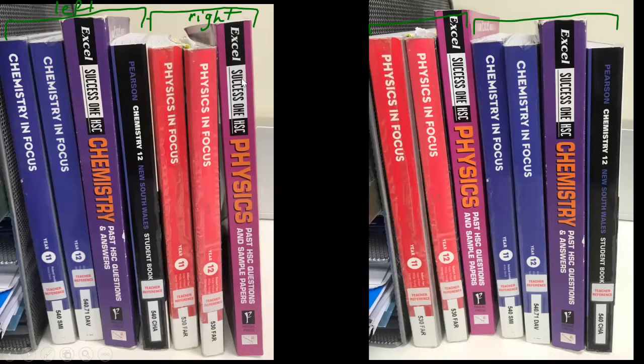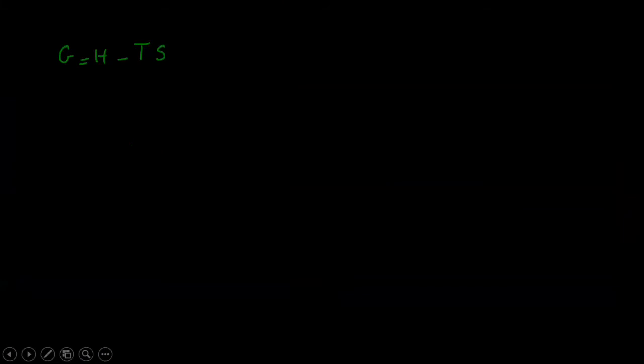If I want to put my books on two different sides, it means I need to think about it and I need to do work. It can't happen spontaneously. For organizing things, we need to do work. I think you learned the meaning of entropy.